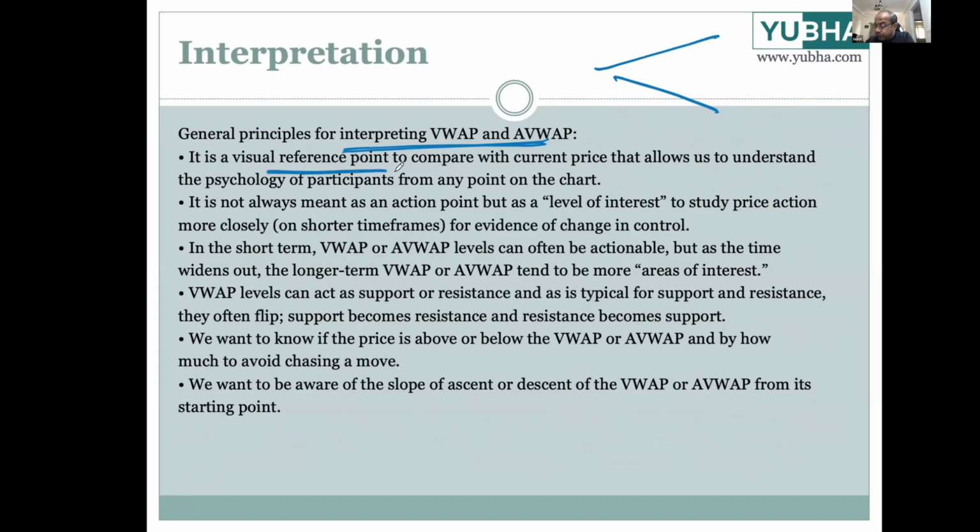From a visual reference point, you compare the current price to understand what the market participants are doing. When you look at prices that are above VWAP or below VWAP, just from looking at the prices, you'll be able to see what the market participants are trying to do. It is not always meant as an action point, but as a level of interest to study the price action more closely.